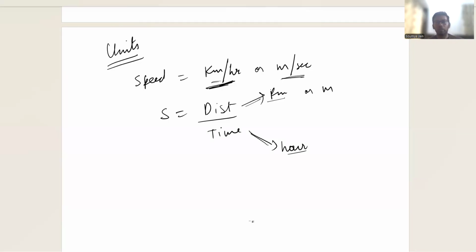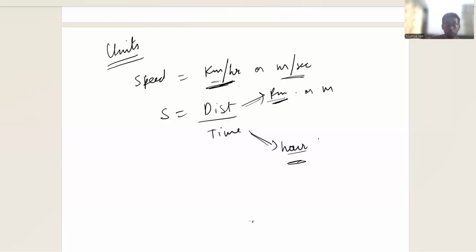Because if the question is talking about speed in terms of kilometer per hour, make sure the distance is in kilometer and time is in hour. Don't take distance in meters and time in hours, or kilometer per second. No, in this case it doesn't work. Consistency of the units is very important.